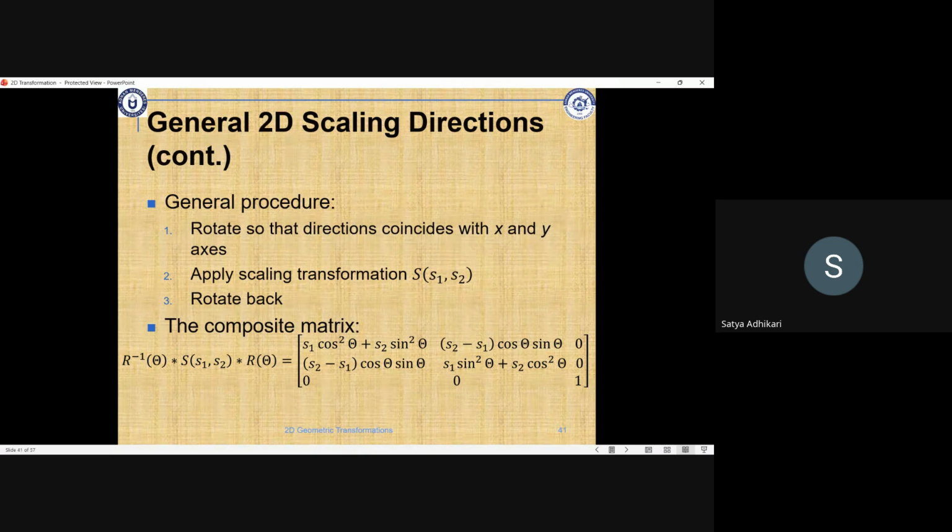That is the inverse rotation. That means use the inverse rotation transformation. So the composite matrix is R inverse, then S with S1, S2, then R theta. If you multiply these matrices, you will get a resultant matrix like this.